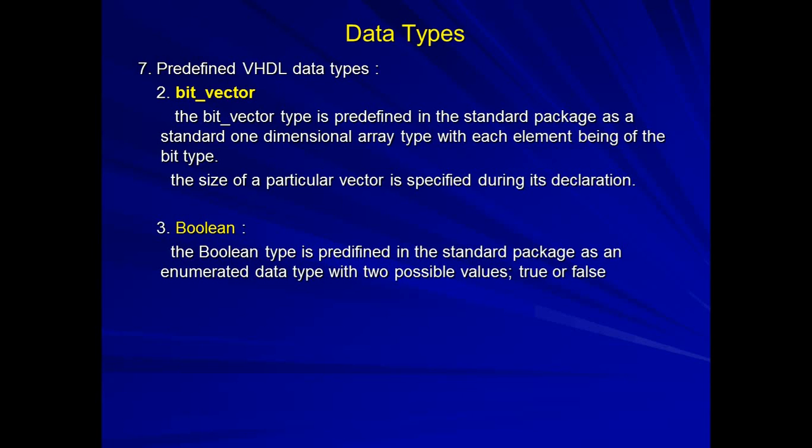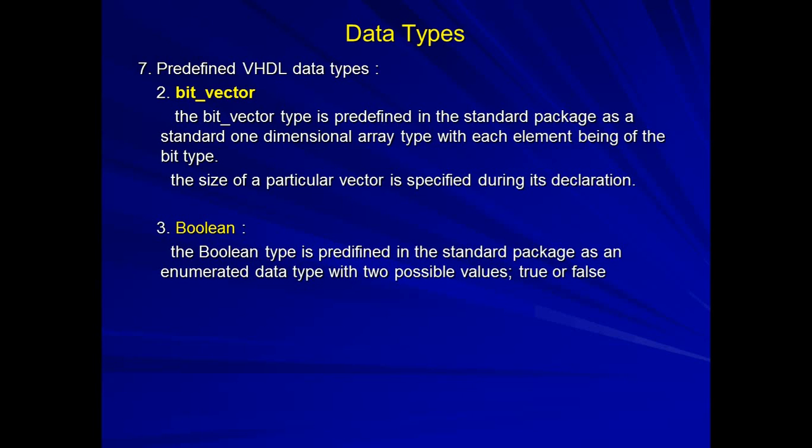Let's see the example. Signal y colon standard logic vector, and inside the bracket we can write 3 down to 0. Here 3 down to 0 is the size of that vector y, where 3 indicates the MSB and 0 is the LSB. It's a total 4-bit vector we have declared.